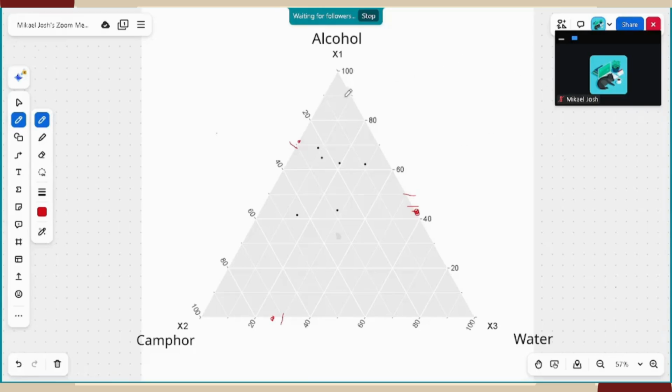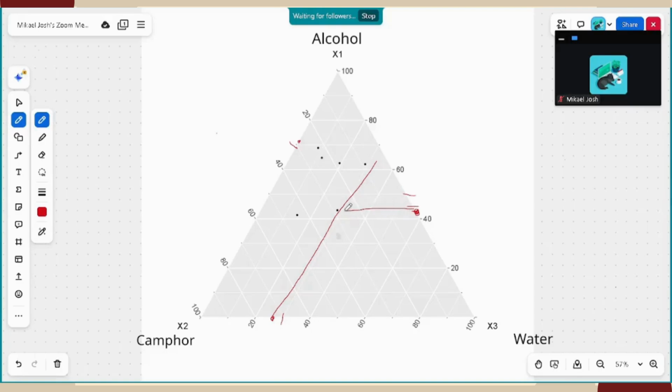Next, we draw the line. As you can see, there are guidelines inside the diagram. We just need to follow these lines here. This is for our water.